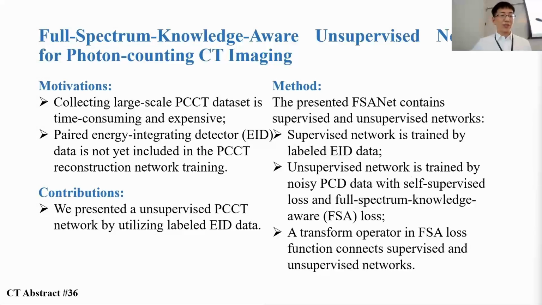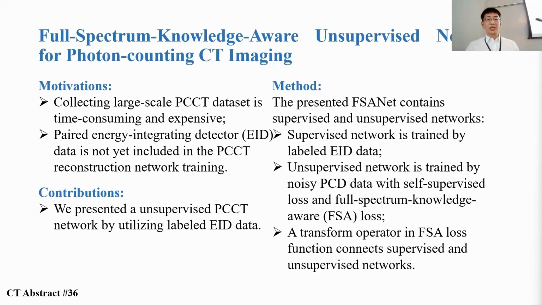Hello, everyone. I'm presenting on behalf of my friend in China. So basically, the motivation of this work is we don't have many CT datasets acquired with a photon counting CT detector, but we do have a lot of paired CT data acquired with the energy integrating detector. So we presented our unsupervised photon counting CT network by utilizing labeled data acquired with a traditional energy integrating detector.